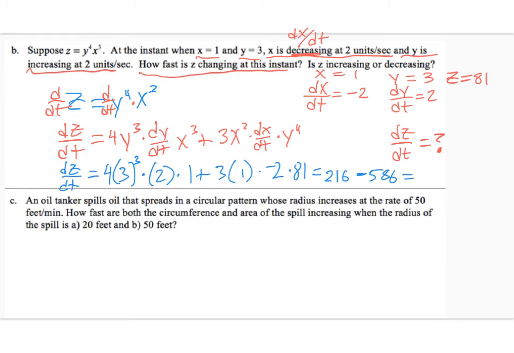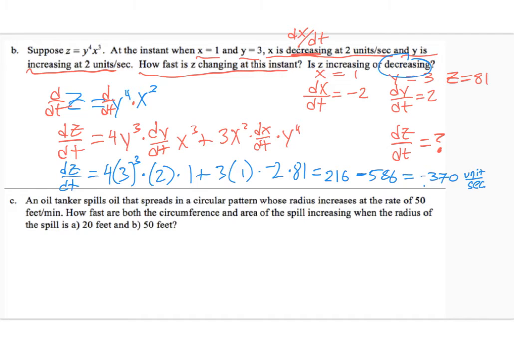When I do some magical subtraction thing, I'm going to end up with -370. And z is going to be a linear unit, so that's going to be units per second. And because it's negative, z is going to be decreasing at that point.